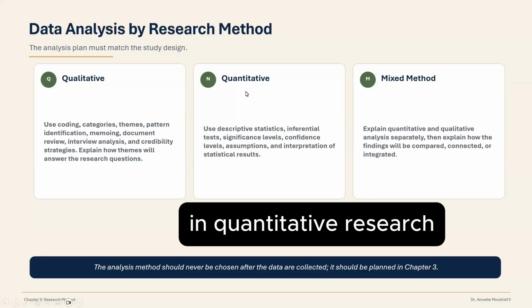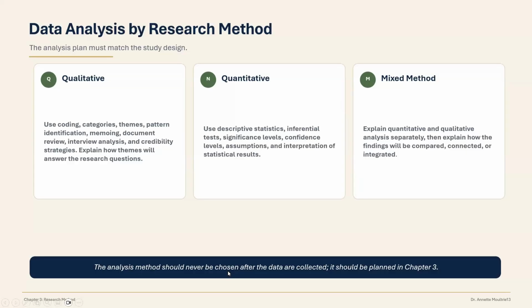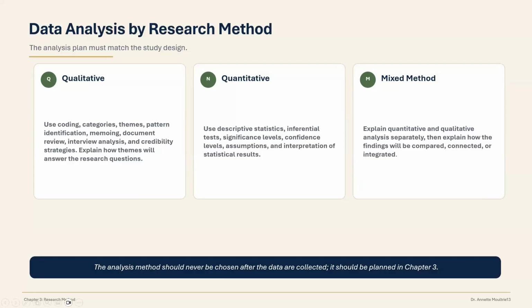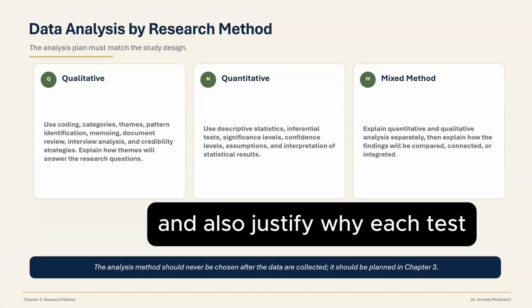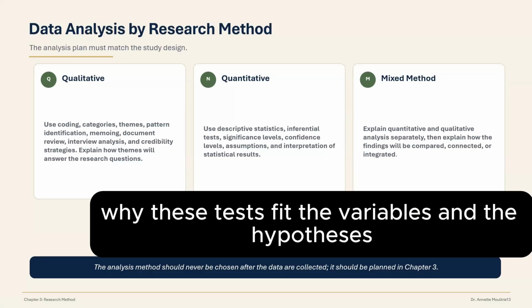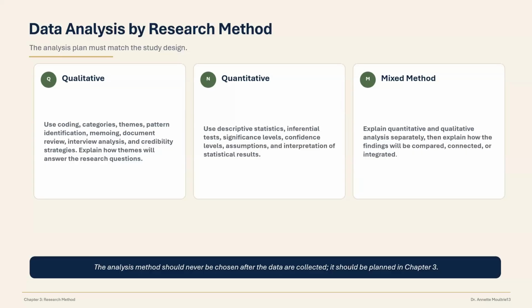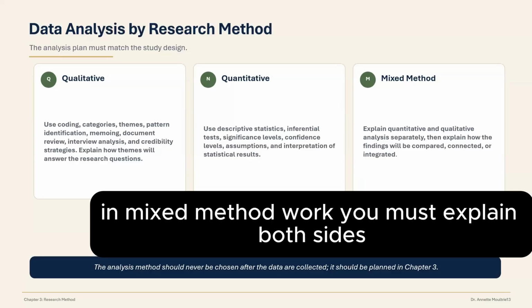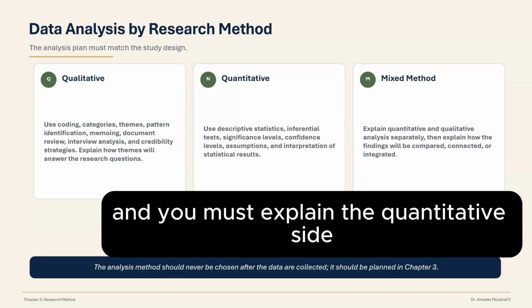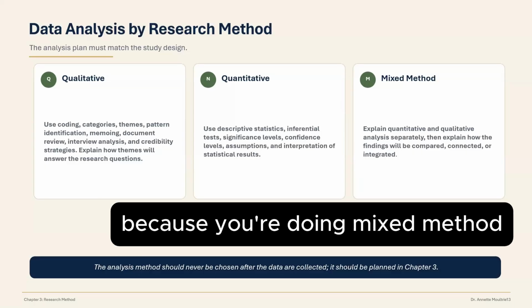In quantitative research, you should describe statistical procedures, and also justify why each test that you perform fits the variables and the hypotheses. In mixed method work, you must explain both sides, meaning you must explain the qualitative side and the quantitative side, because you're doing mixed method.